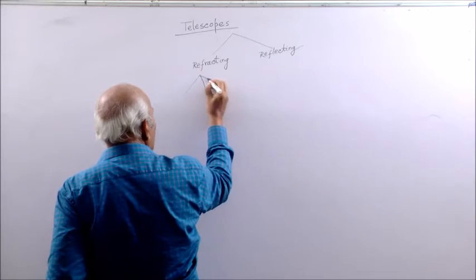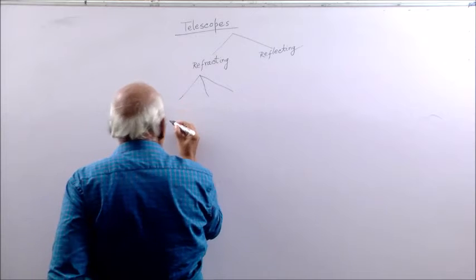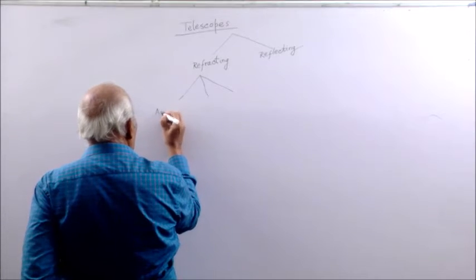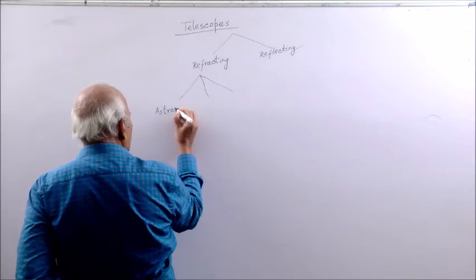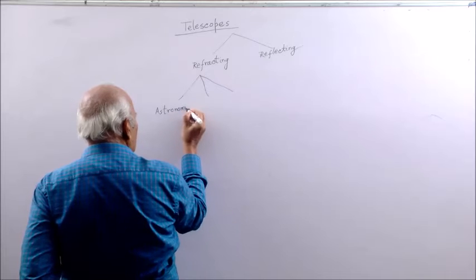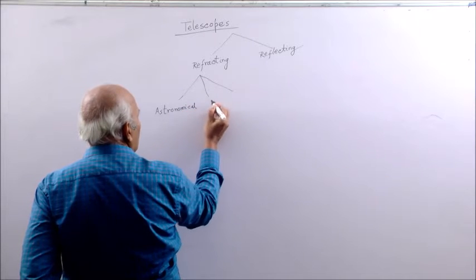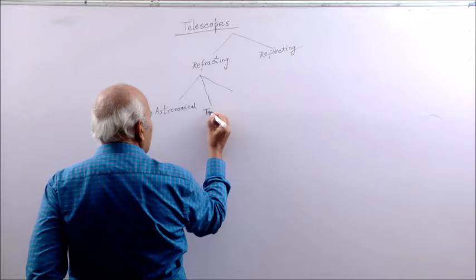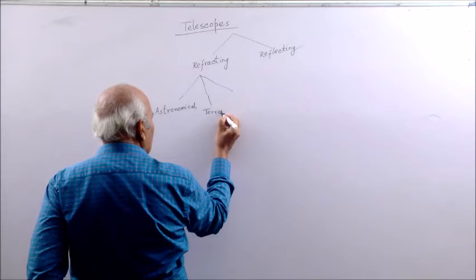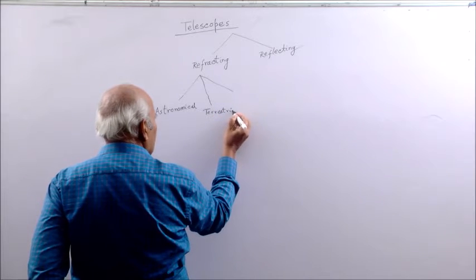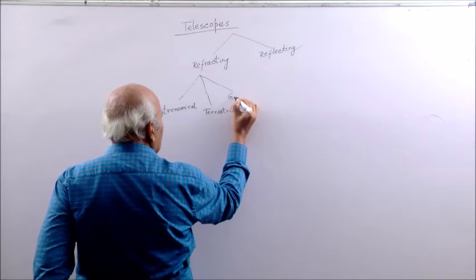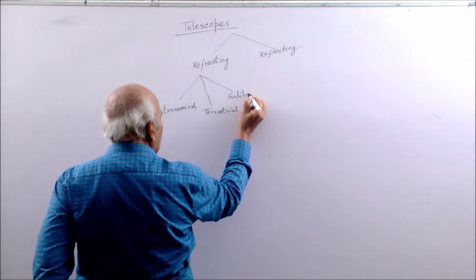And refracting telescopes are of three types: astronomical, then terrestrial, then the other is Galilean.